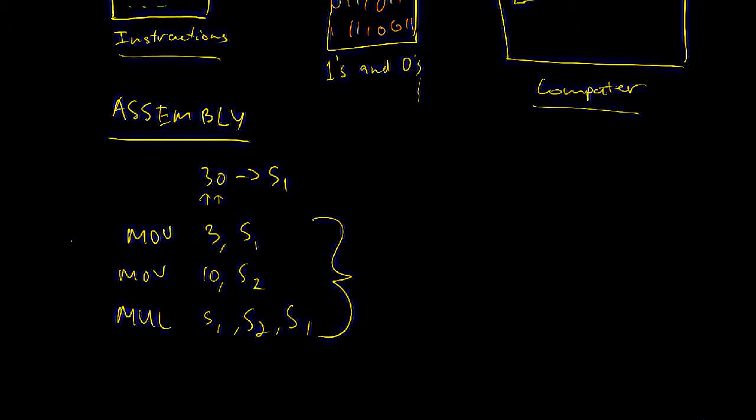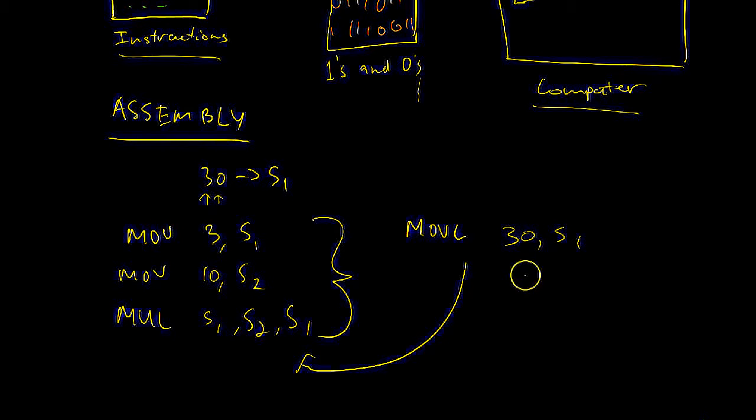Let's say that we instead define another instruction called move large. What the move large instruction will do, or what it will look like, is we'll say, okay, move a large value, 30, into S1, and then, because we can systematically decompose it into simpler operations, that will actually translate to these instructions when we input them into the processor.